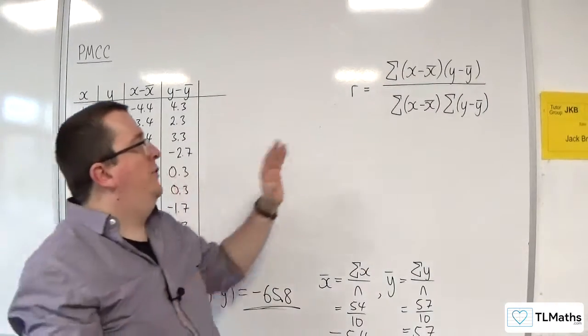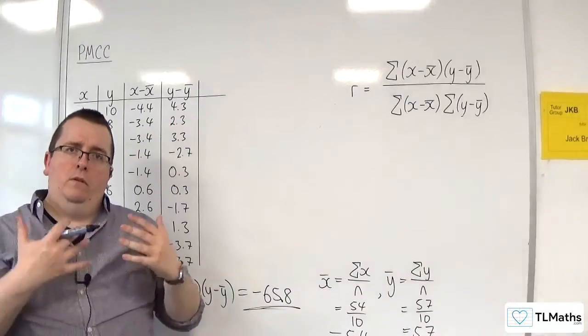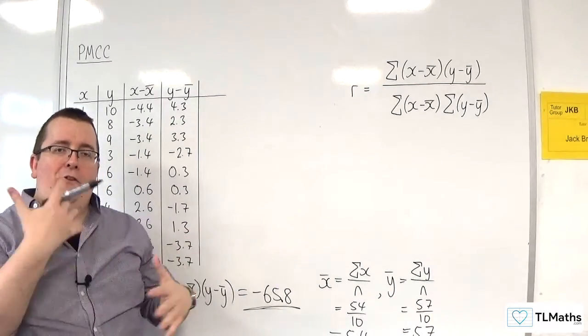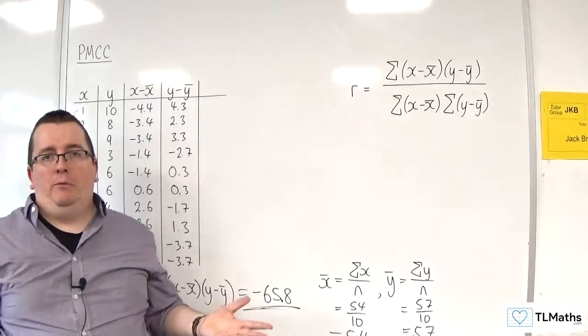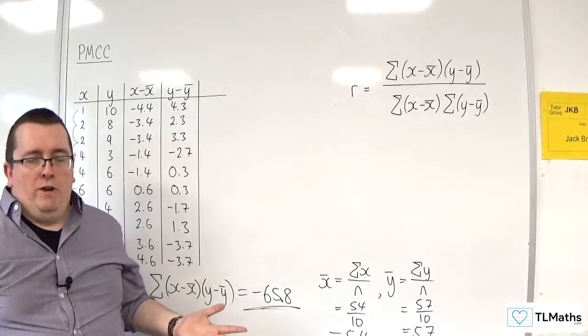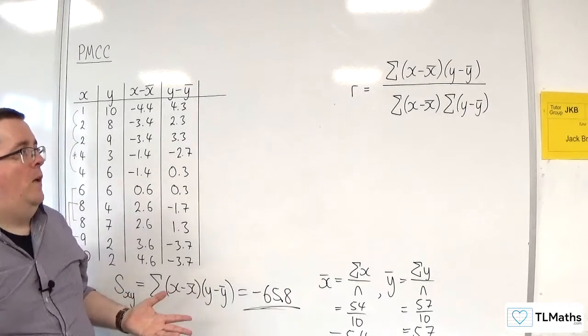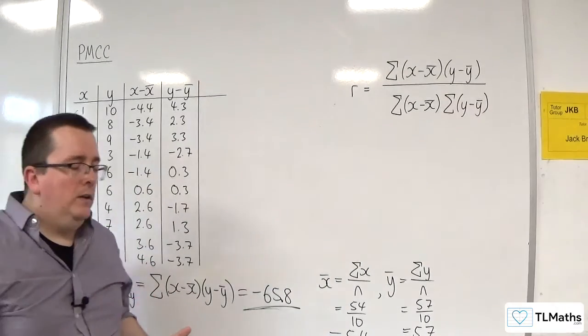But if I start doing this, I might end up having a negative on the top and then dividing through by a negative, and my result becomes positive. And I don't want that, meaning a negative correlation, right? So I have to divide through by something that I know will be positive.